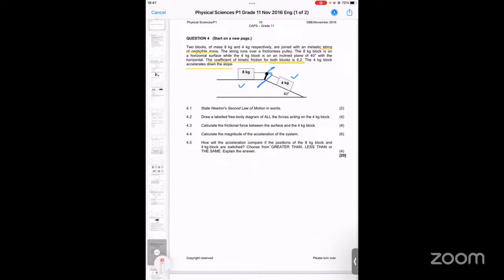Which one will it be? Down the slope, sir. Why down the slope? What do we call frictional force? It'll be up the slope because it's opposing the motion, sir. Yes, it's opposing the direction of the movement.